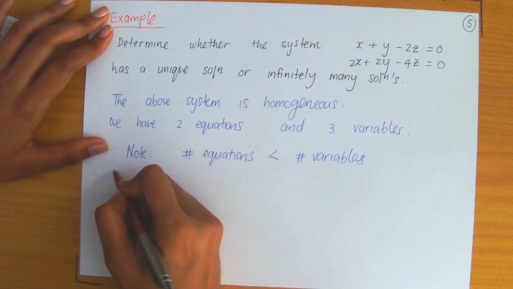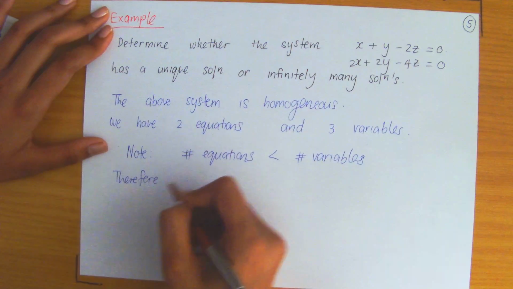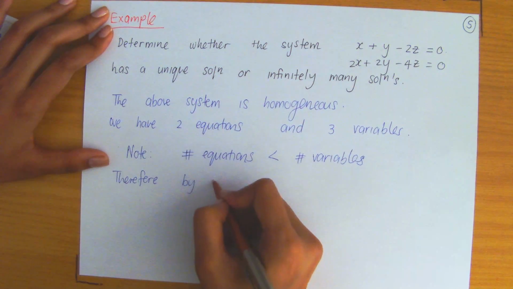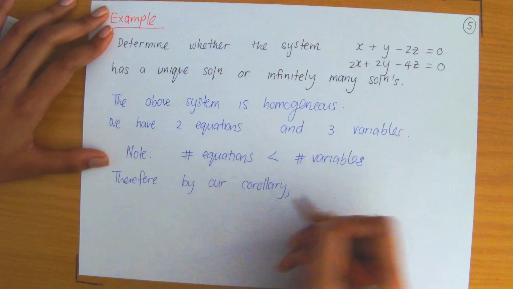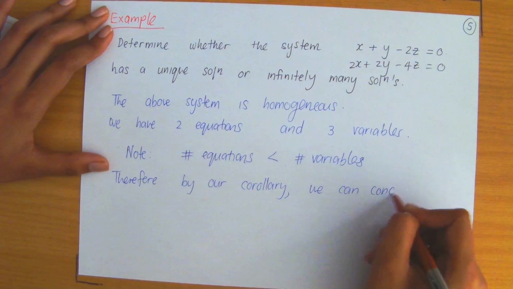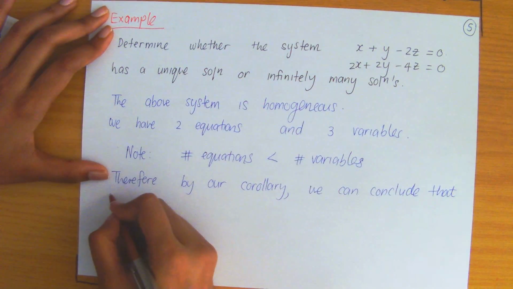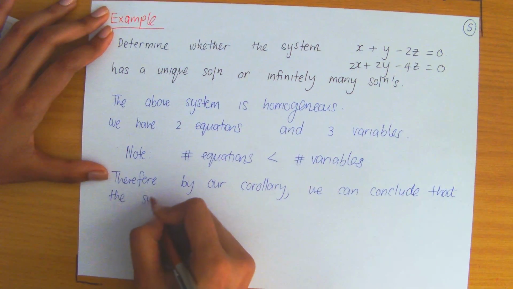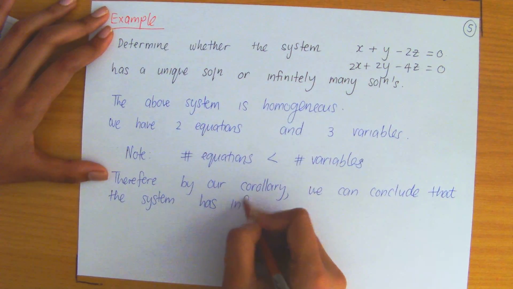So therefore, by our corollary, we can conclude that the above system has infinitely many solutions.